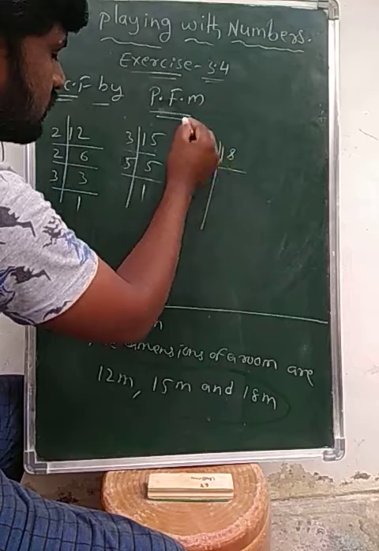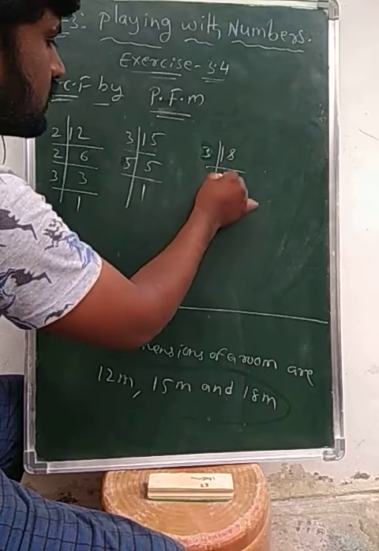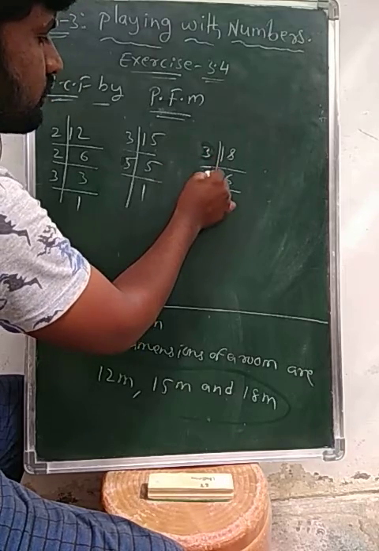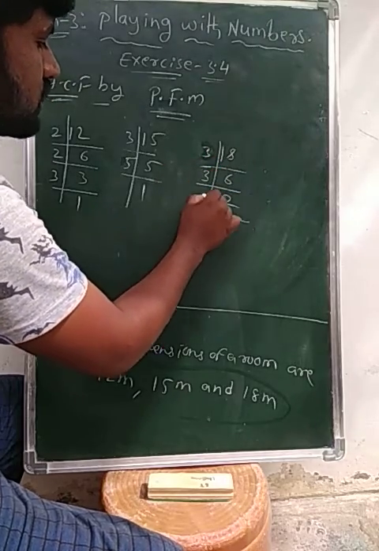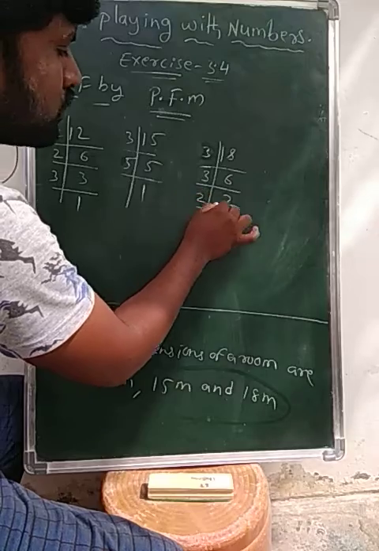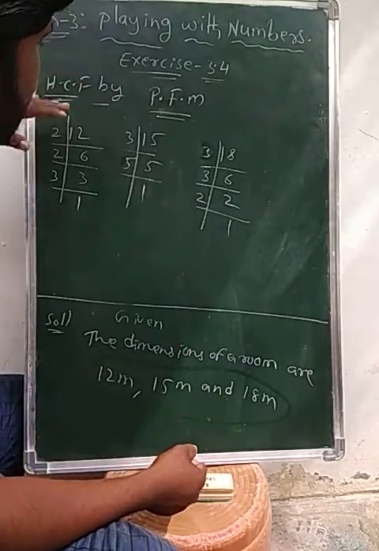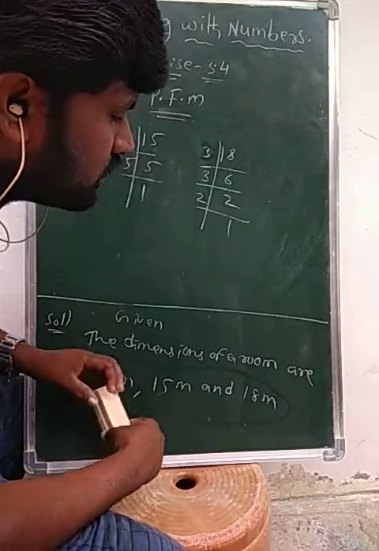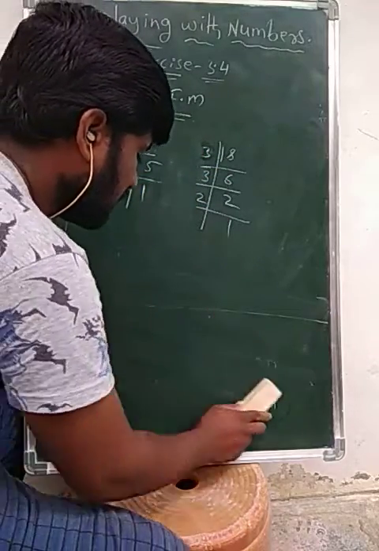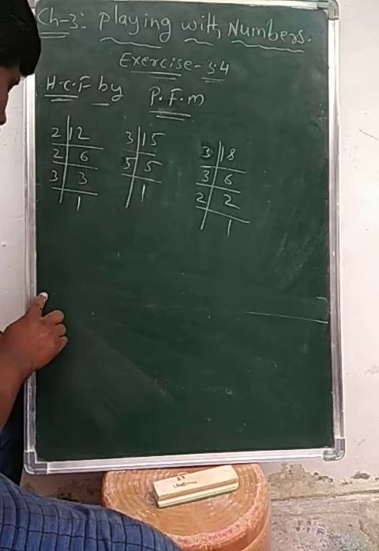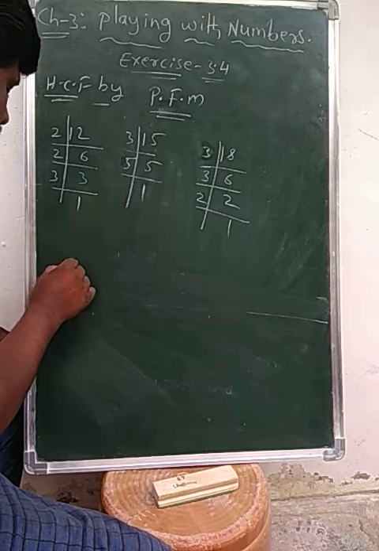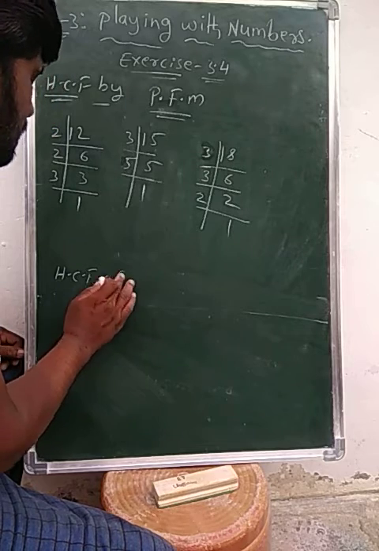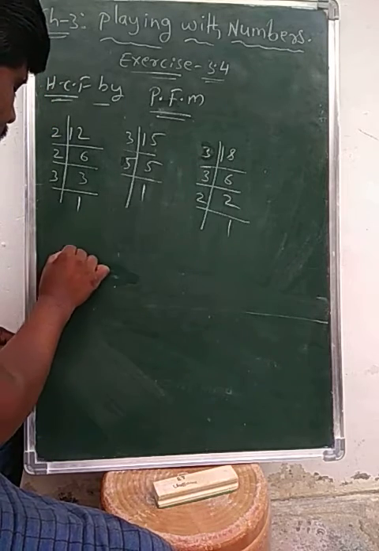That is our wish, you can take any number. 3 sixes are 18, because 3 is a prime number. 3 twos are 6 and 2 ones are 2. So I found the prime factors of 12, 15 and 18 individually. The length of the longest stick means the HCF of these three numbers.